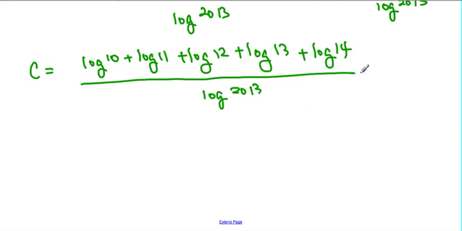Now if you combine them together, we'll end up having log of 10 times 11 times dot dot dot all the way up to 14 and divide by log of 2013.